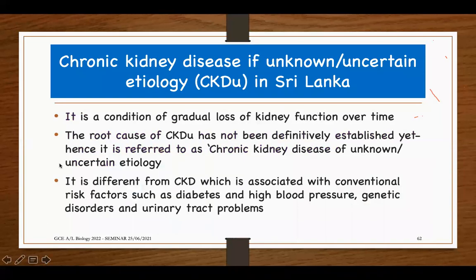Then this one, chronic kidney disease of unknown or uncertain etiology. This is now the major condition in areas like Polonnaruwa in Sri Lanka, especially for the farmers, because there are a lot of heavy metals found in the fields and the water that they drink. Unknown or uncertain etiology means they don't know a proper reason, root cause, or the proper symptoms with this disease. Again, here the kidney function is gradually lost over time, and people say it's associated with diabetes and high blood pressure.